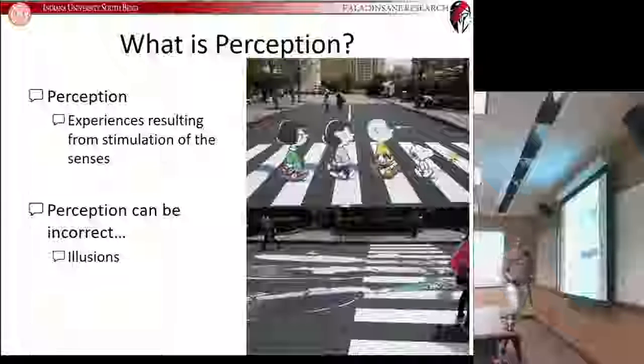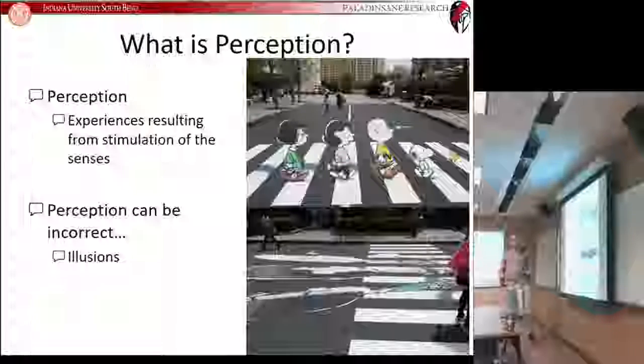This is actually the reality. So if we zoom in on this, you can see that this is what's known as an anamorphic painting. And what they've done is they have used properties of perspective projection, and they have drawn things that are closer to you smaller, and they have drawn things on the road that are further away from you larger in terms of the size on the road, so that when you see that stimulus from an upright view, your mind doesn't see the fact that these are really, really wide.